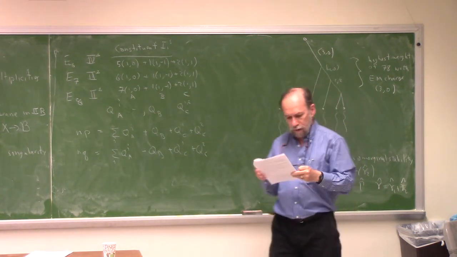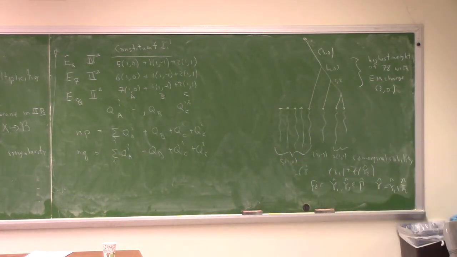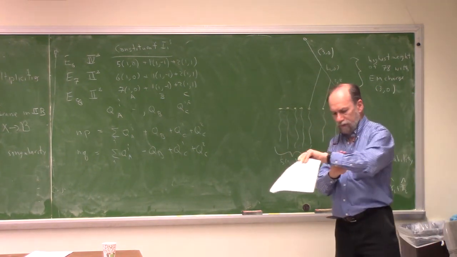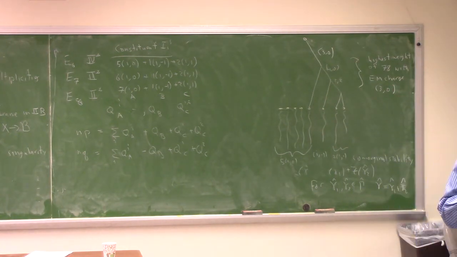And the intersection pairing in this relative homology turns out to be just some quadratic pairing on this vector of Q's. In light of the time, maybe I won't write out the detailed formula, just some bilinear expression.